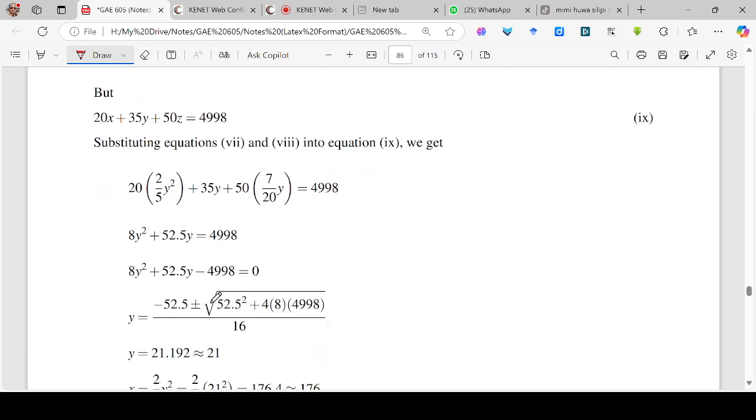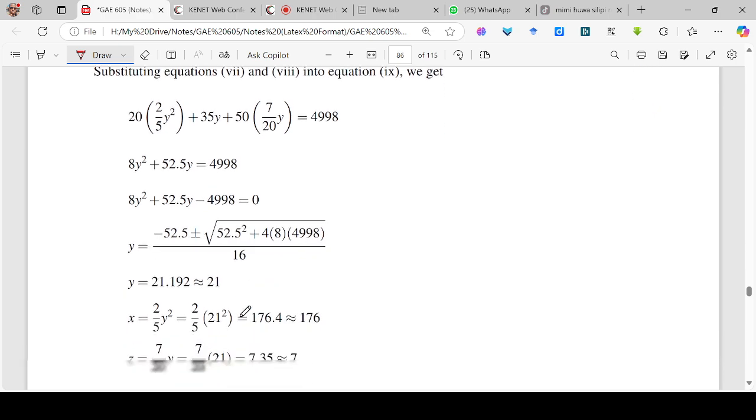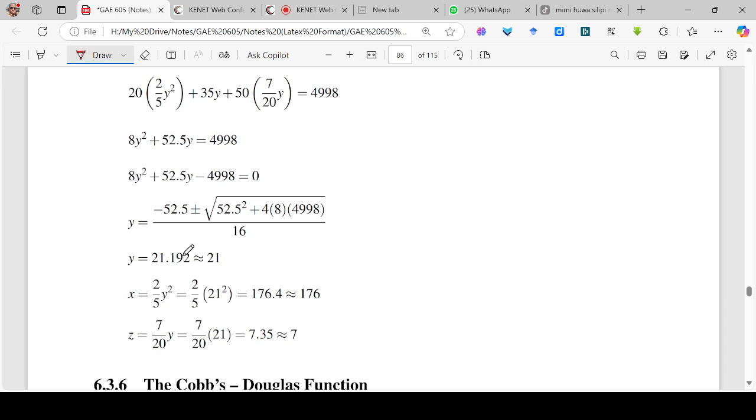This reduces to a quadratic equation, and on solving we get y is approximately 21. Then we can substitute for x: x is 2 over 5 y squared, so we get x is 176 and z is equal to 7.